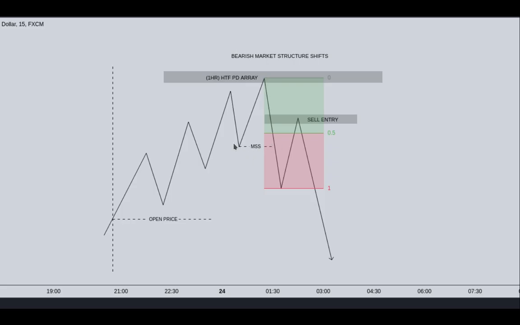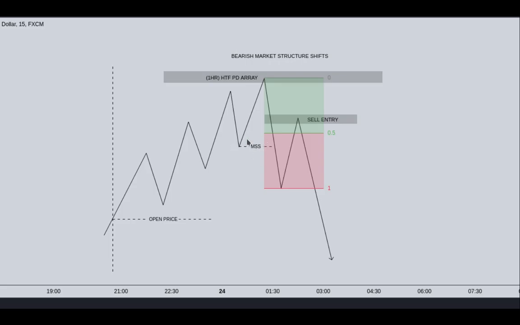So whenever we break that last swing low, we wait for price to retrace into that level there. So that is our sell entry after retracing to this level there. So this is where we sell.